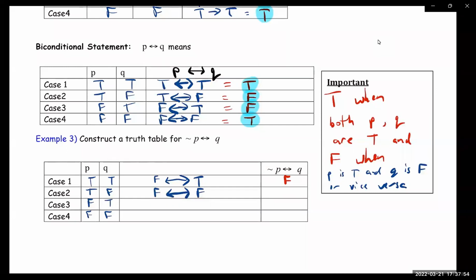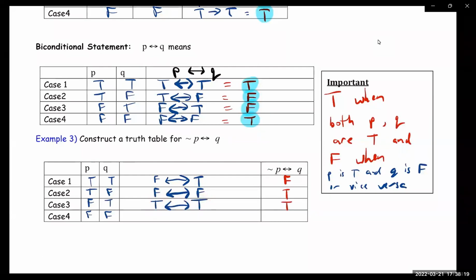It's going to be true, yeah. All right, and then the next one, you're going to negate P, which is going to be true. Double-sided arrow. Q is just the same as T. They're both the same, so therefore it should be true again, because they're both the same.